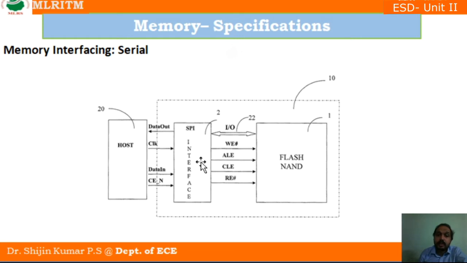It is not specific just to memory, any peripheral devices we can connect. Memory we are considering as one of the peripheral devices. So the host is a microprocessor or a microcontroller, and an interface is there and there is a memory.